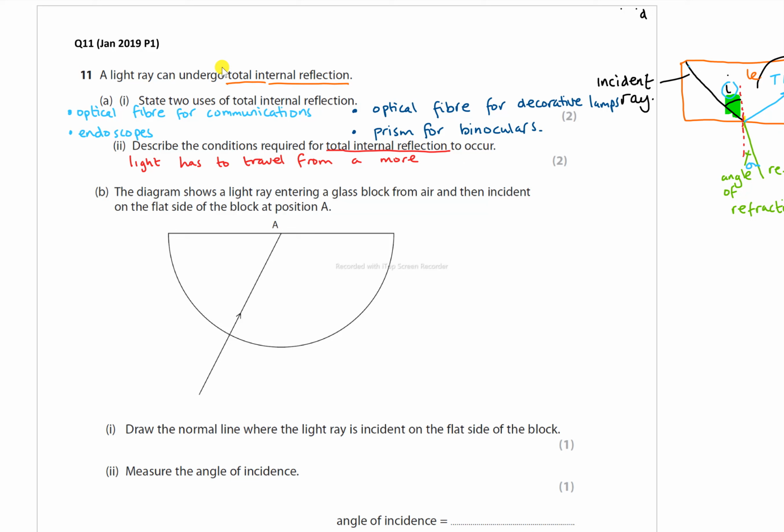It's a better phrase. More optically dense medium to a less dense medium.